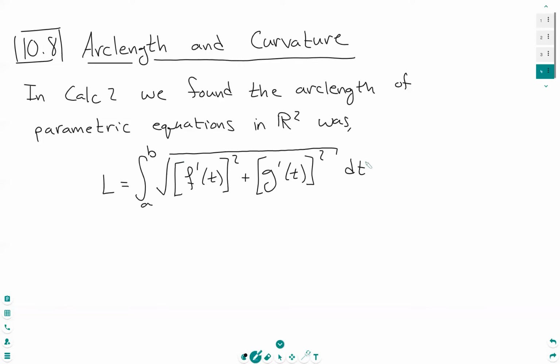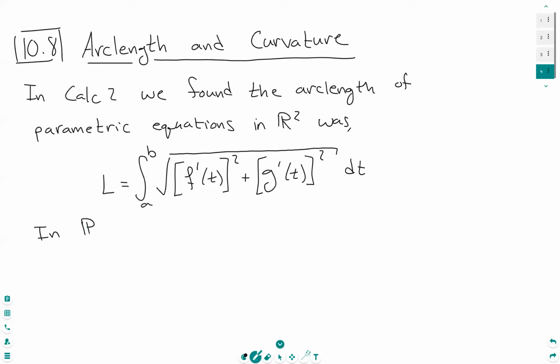So if you had some parametric curve in R2, this was the formulation for finding the arc length of this curve from time a to time b. So it's probably no surprise that the generalization of this to R3 is just going to tack on an additional term.